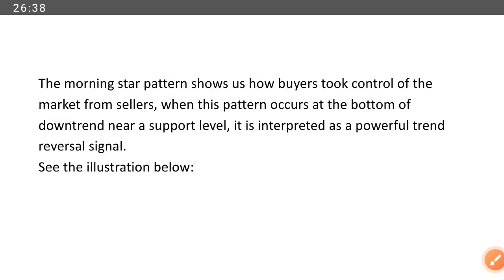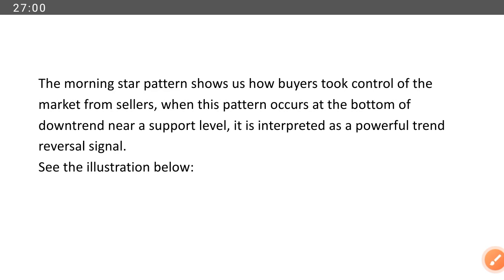Now, the morning star pattern shows us how buyers took control of the market from sellers. When this pattern occurs at the bottom of a downtrend near a support level, it is interpreted as a powerful trend reversal signal.